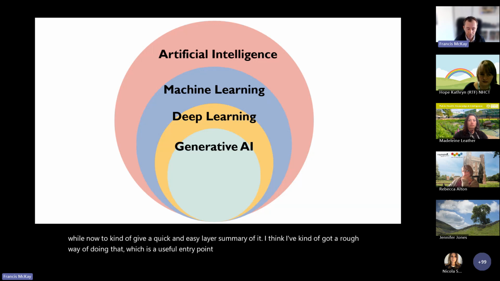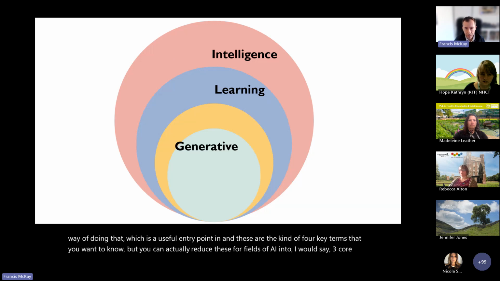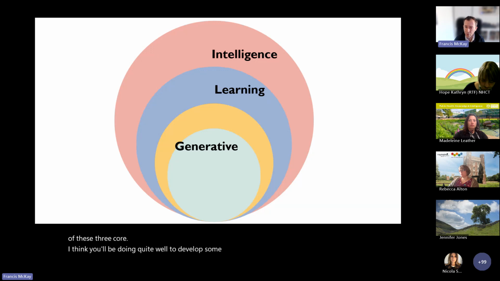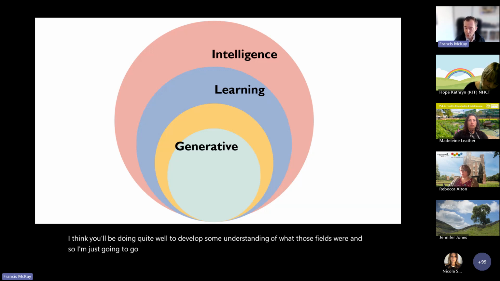These are the 4 key terms that you want to know, but you can actually reduce these 4 fields of AI into, I would say, 3 core terms: intelligence, learning, and generative. If you have an understanding of these 3 core terms, I think you'll be doing quite well to develop some understanding of what those fields are. So I'm just going to go through those core terms.